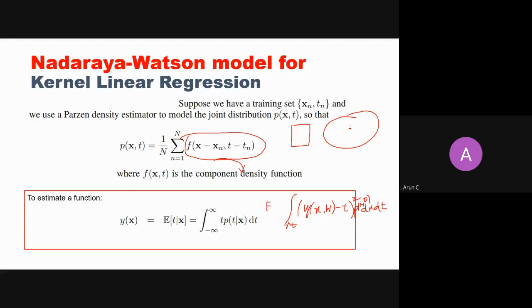Using the calculus of variations, we found the function that minimizes this total expression. For this sum of squares loss, the function which minimizes the total expected loss is nothing but the conditional expectation for a given x.